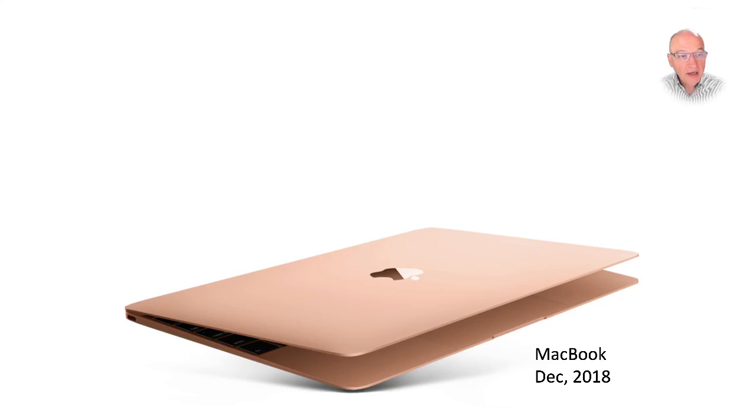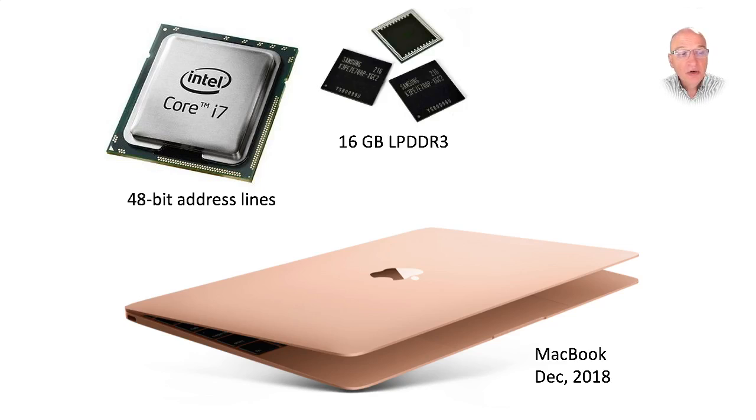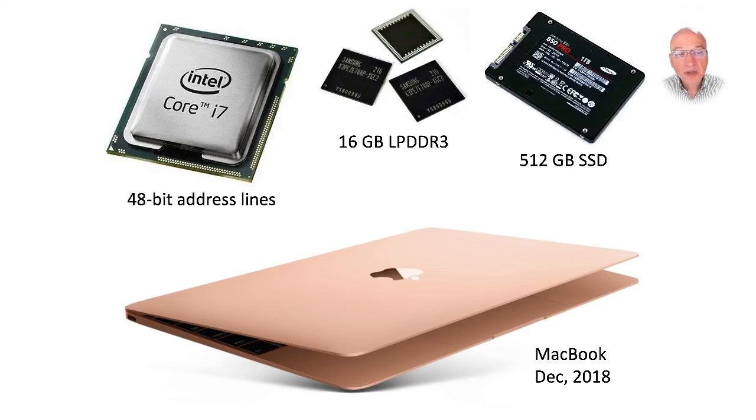memory. And this was a slide that I prepared a couple of years ago. If you jump to the MacBook that exists in December 2018, that had an Intel Core i7 with 48 bits of address line, with 16 gigabytes of DRAM, and with a solid state drive with 512 gigabytes.